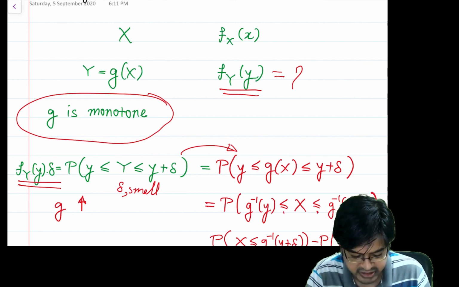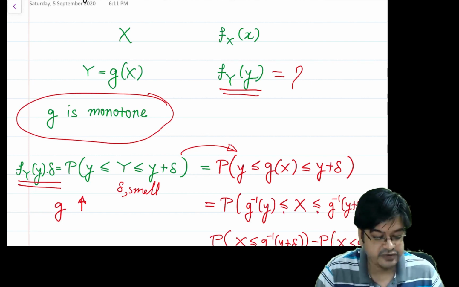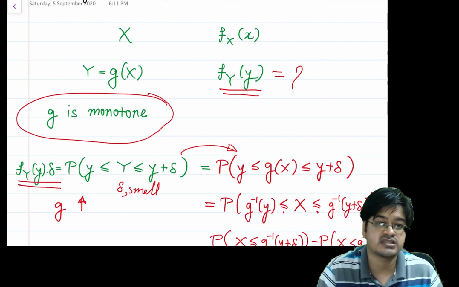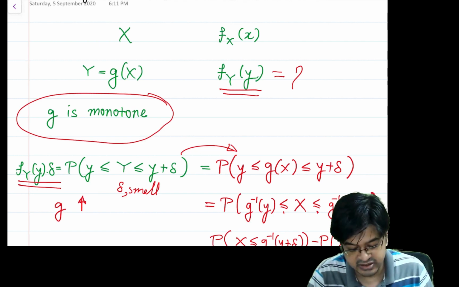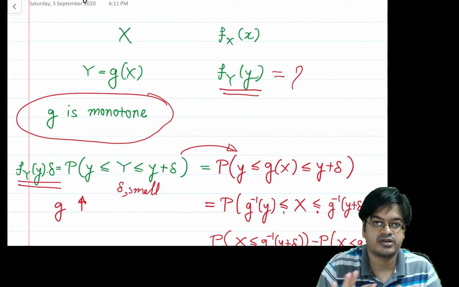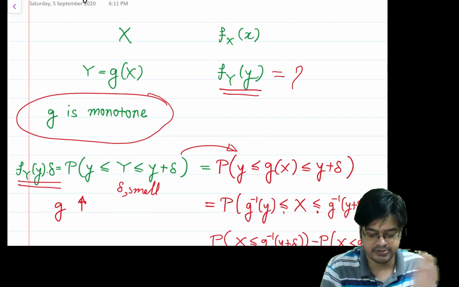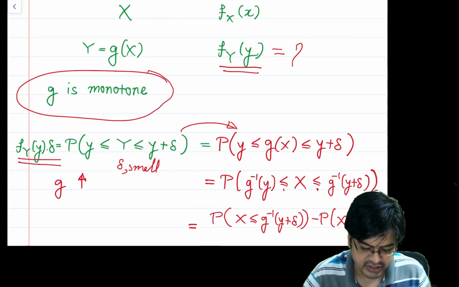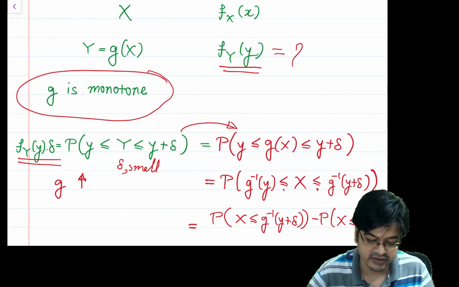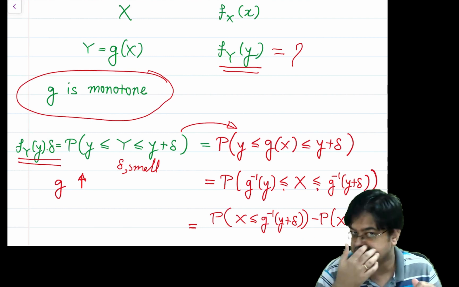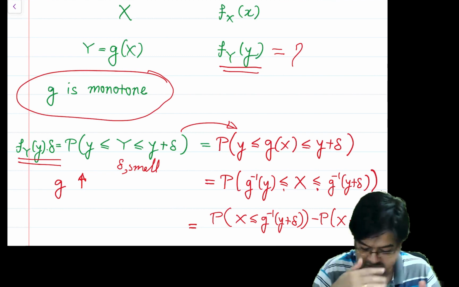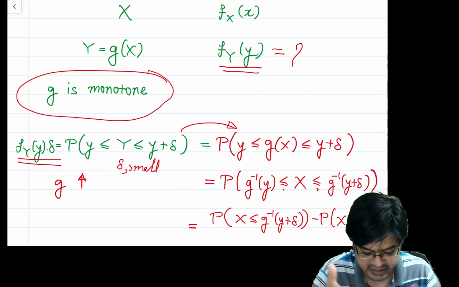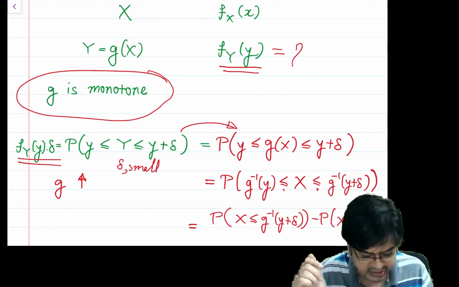Less than or equal to will remain less than or equal to. If you are considering a decreasing function, then this less than or equal to will become greater than or equal to, or the limits will just get swapped. Okay, so now this doesn't have any issue. We have done this calculation several times. When I computed y is equal to x cube, I did this kind of calculation. So if you are doubtful, you go and verify that calculation, but this calculation is valid.